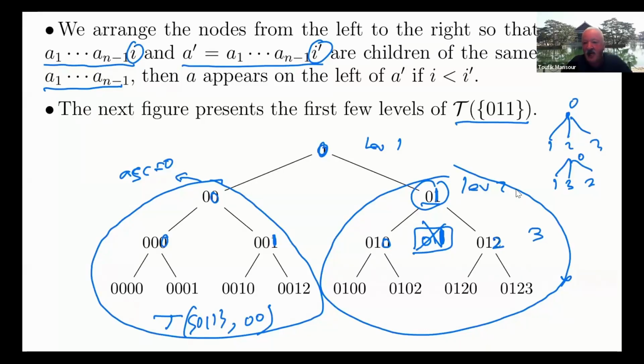But because I'm interested in counting how many children in level 1, which is 3 and here is 3, the ordering is not important. But usually I use ordering when I want to prove something about the children.